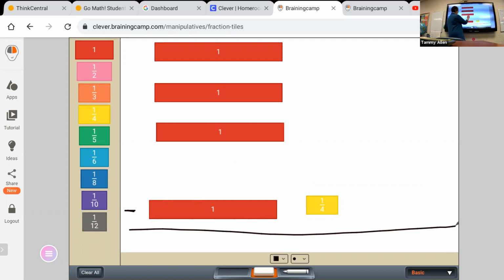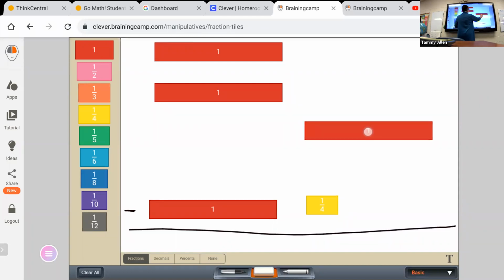Okay? So I need to trade off this whole amount for what? How many? 4/4. Good. That make sense? So this 4th gets eliminated down here, right? Boom. That's gone, right?